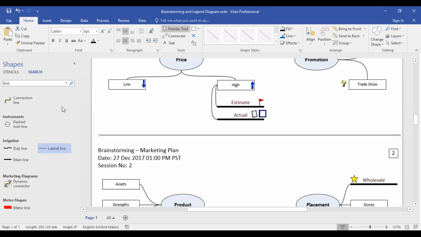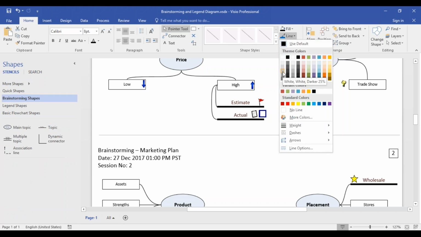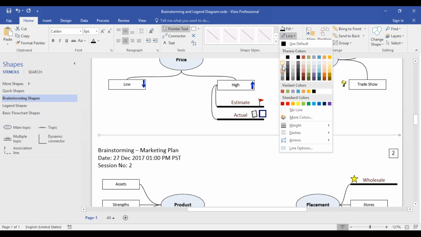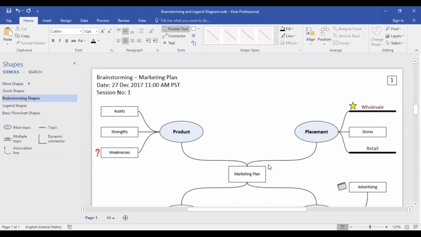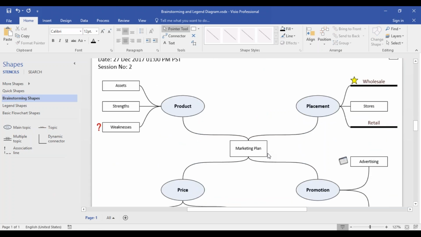So now both these diagrams are separated. Back to stencils. You can change the shading of this. If it's too dark, you can convert it to a lighter shade of gray. Okay, it's a very nice line separator. Let's continue with session 2.